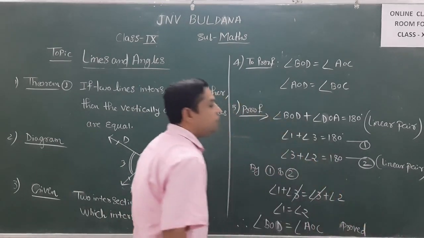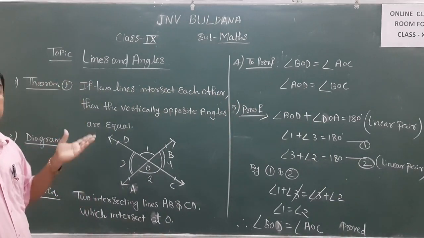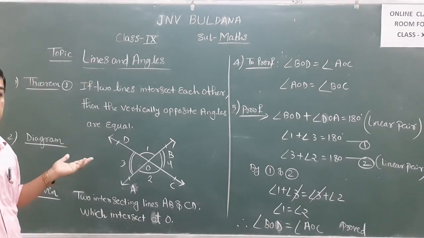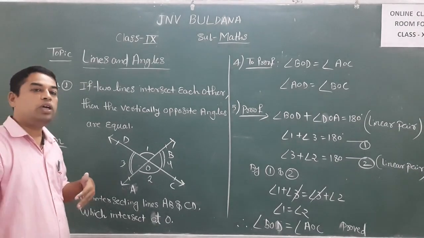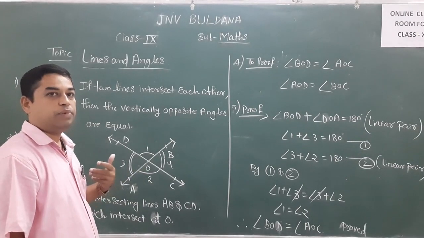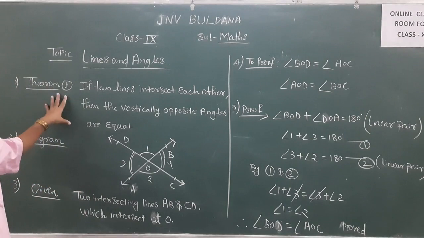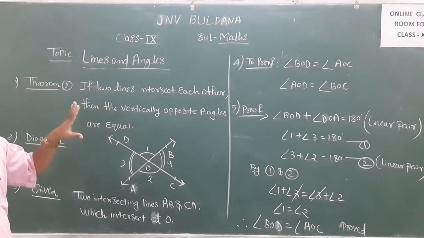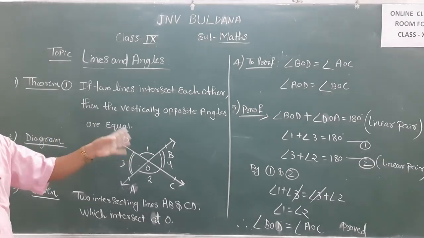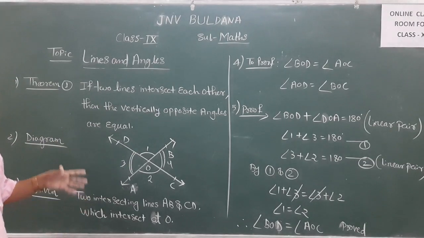So students, today we learned how to solve a theorem, because in the 9th class theorems start; up to 8th class there is no theorem. Whatever facts we know, we accept as they are. But from class 9 we start theorems. A theorem is a statement which is already proved by using other facts and knowledge of mathematics.